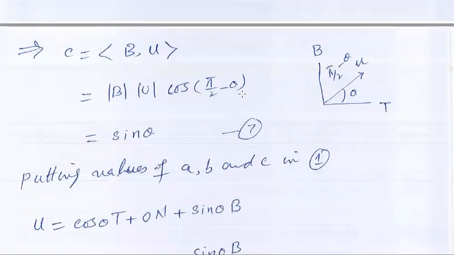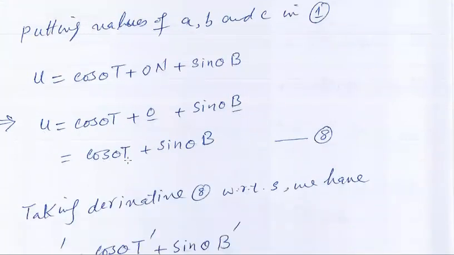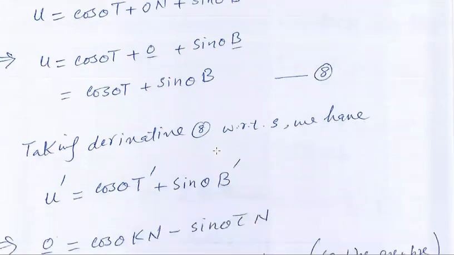So cos of pi by 2 minus theta is equal to sine theta. Putting the values of A, B, C in equation 1, we find U. So U is equal to cos theta T plus sine theta B.